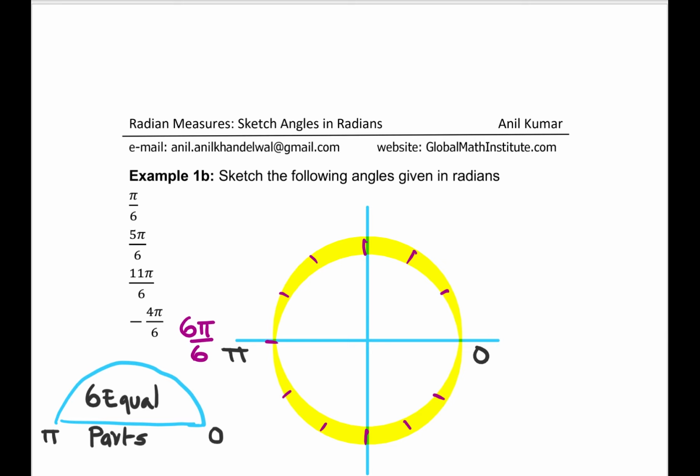So 2 pi will be what? 2 pi is 12 divisions of pi by 6. Is that clear to you, right? So that is how you can correlate the position of angles.